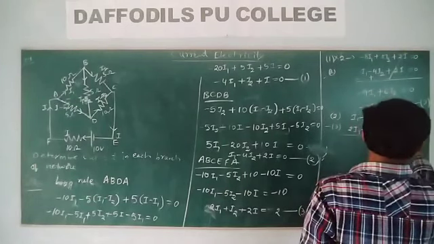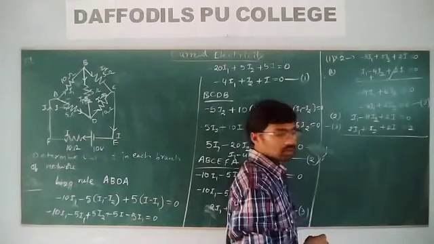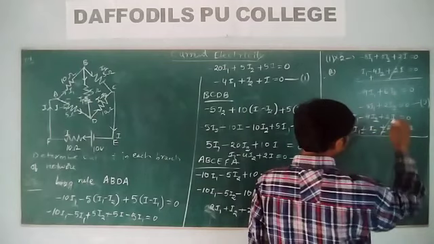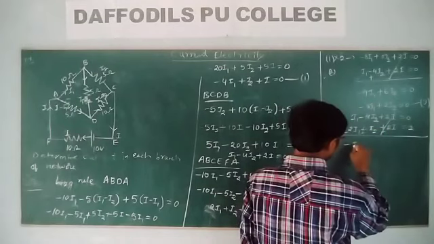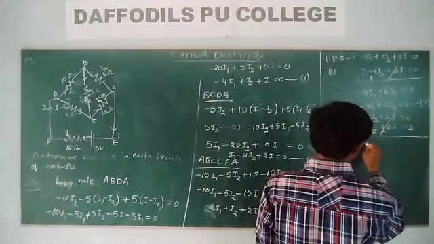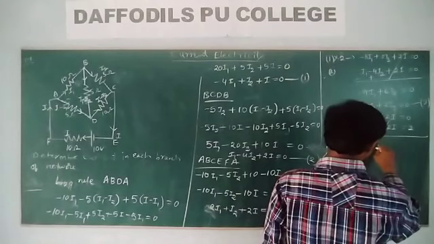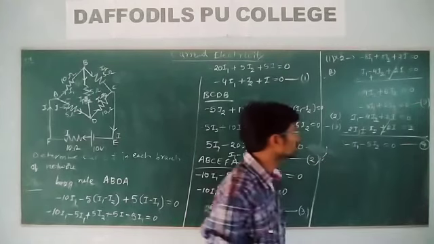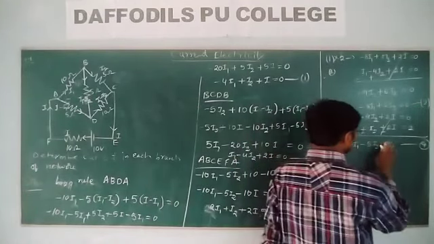Sorry, it is 2, not 0. Now this will be cancelled. Then minus I1 minus 5I2 is equal to minus 2. Let us take it as the fourth equation.